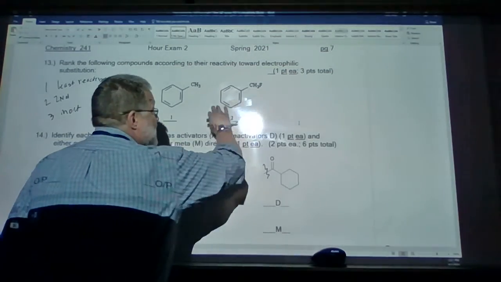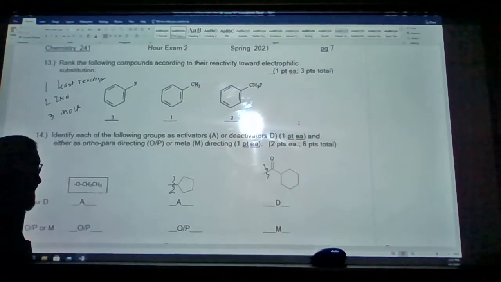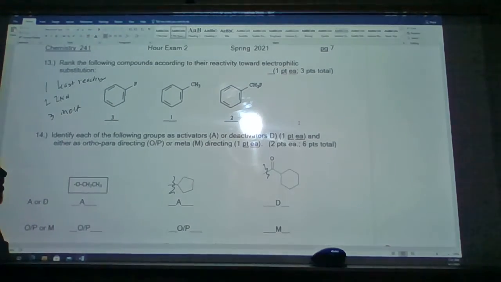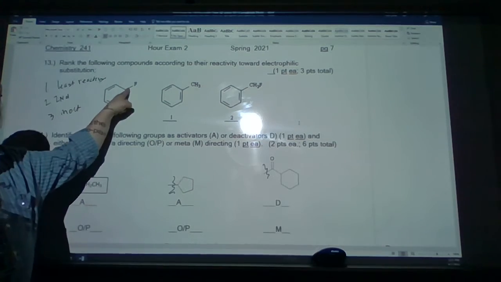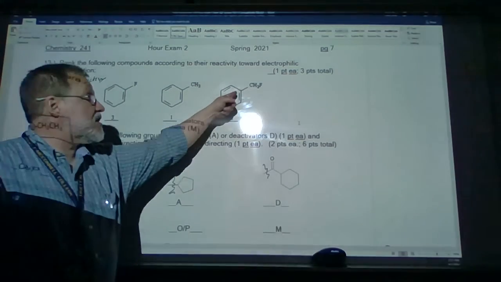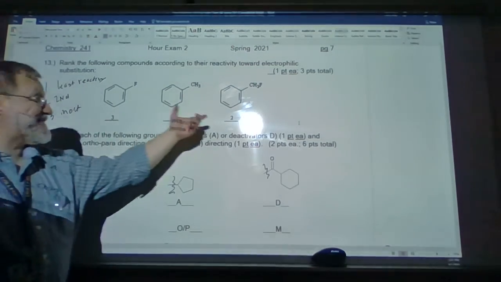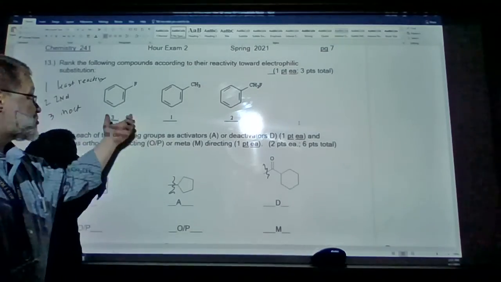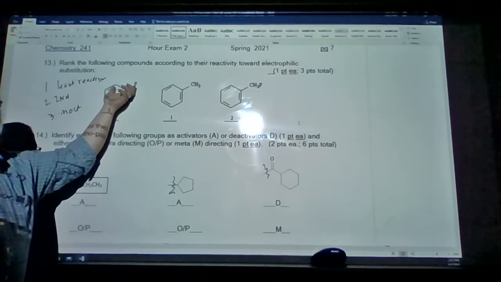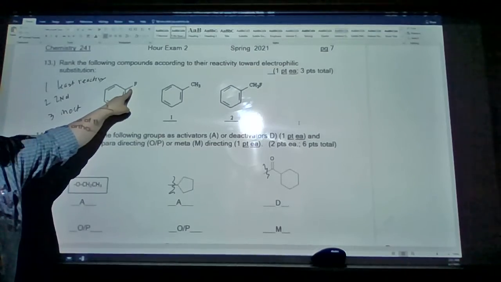The second most reactive is this guy. It has a fluorine present, but the fluorine is not directly attached to the ring. It's attached to the methyl group. This does dump electron density into the ring, but not as strongly as this does, because that fluorine is directly attached to the ring.